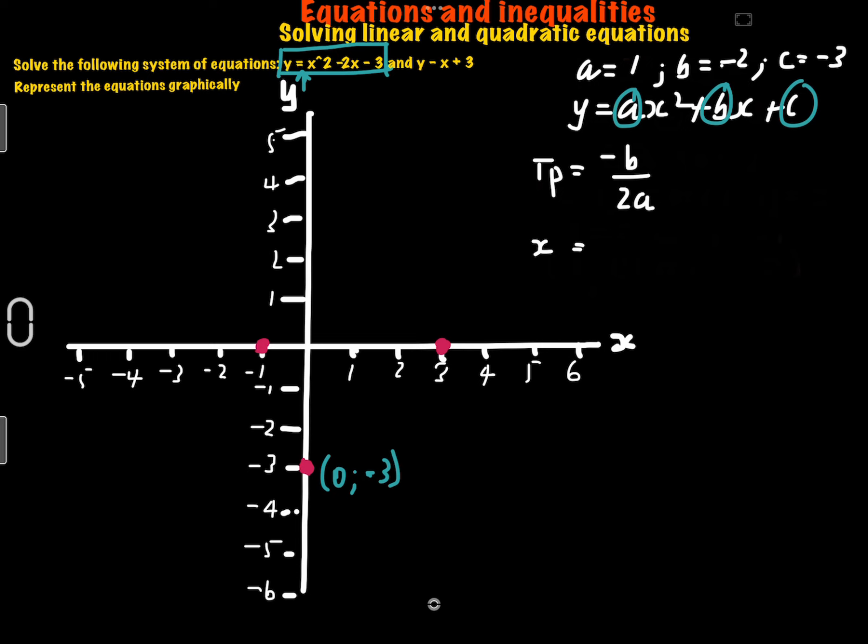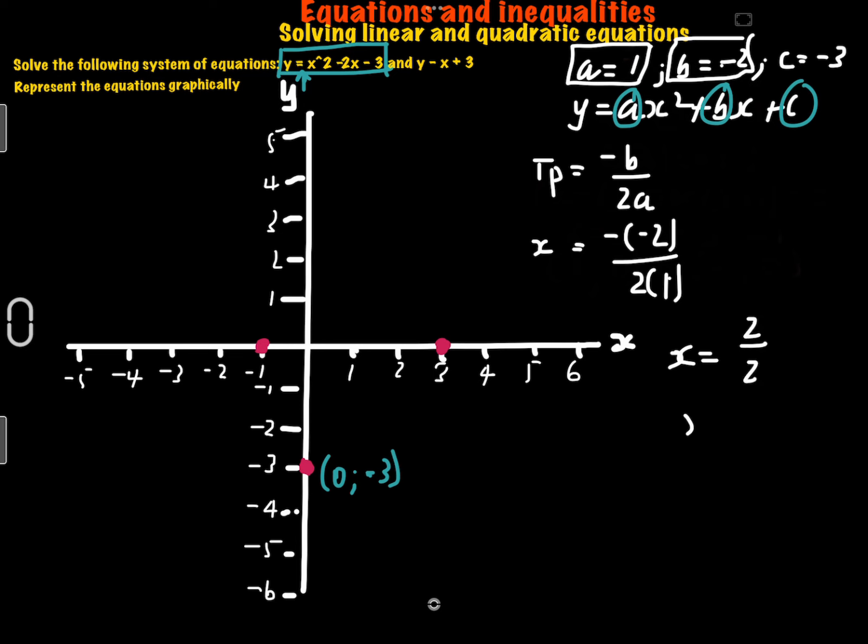So negative b, substituting, I have negative of -2, divided by 2 times a, and a in this case is just 1. So x = -(-2) gives me positive 2, and 2 times 1 gives me 2. So x = 1.